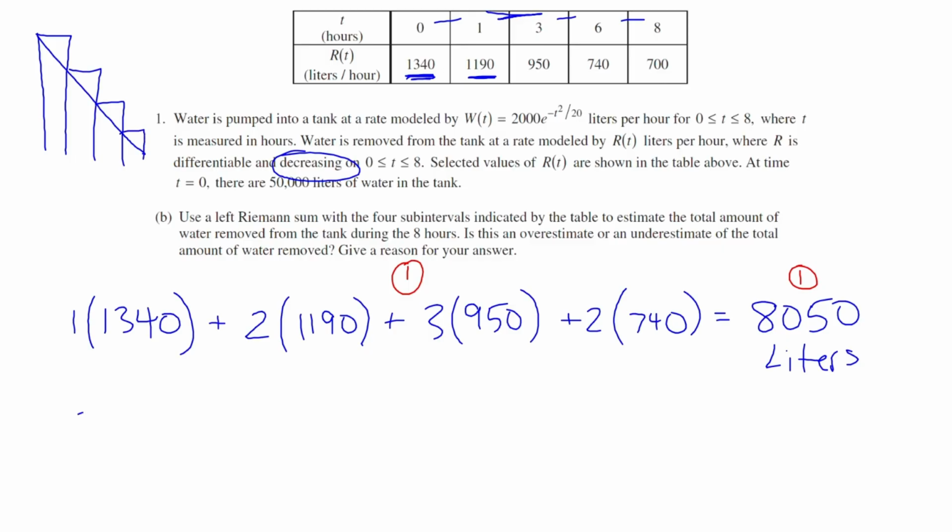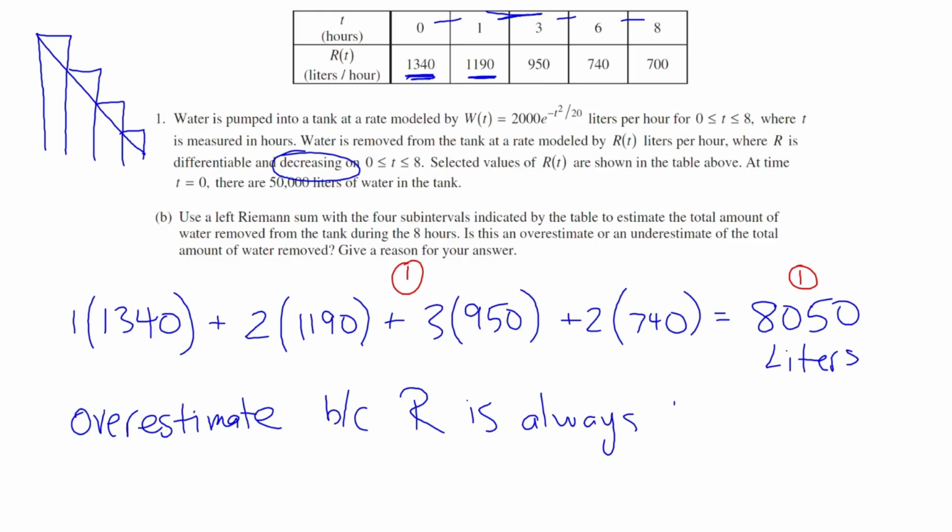And so we'll say this is an overestimate, and our reason is because r is always decreasing. If you can say that it's an overestimate with that reason, and that's the only valid reason you can use, that gets you the third point for part B.